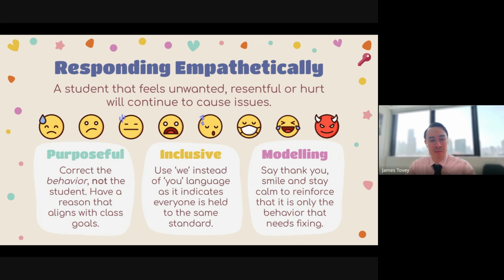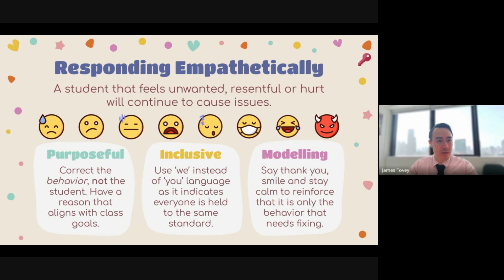So say thank you, smile, and be friendly with that student, even if they are misbehaving. And maybe they deserve to be disciplined or whatever it is. But you still need to show them that, back to that first point, it's not the student themselves, it's the behavior that needs correcting. So you're still friendly, you're still going to be their supporting teacher. And you can model that by doing what's right, by saying thank you, by smiling and so forth.